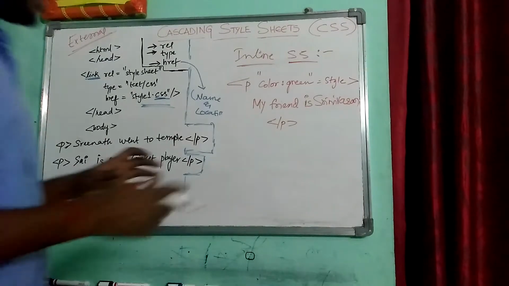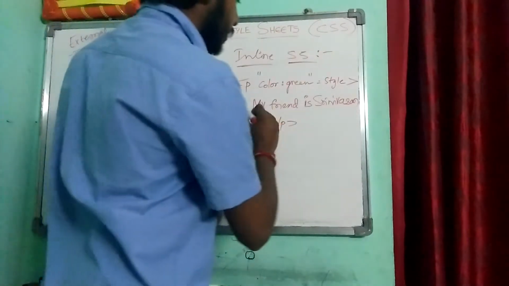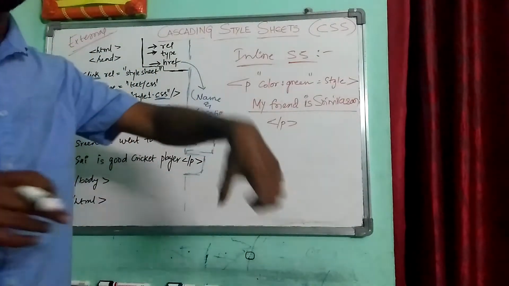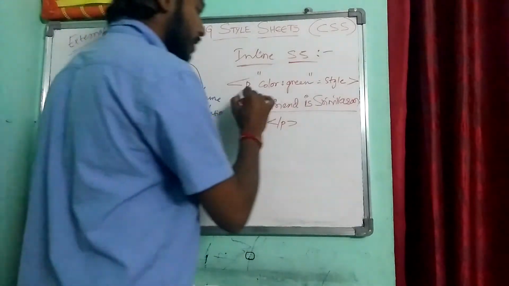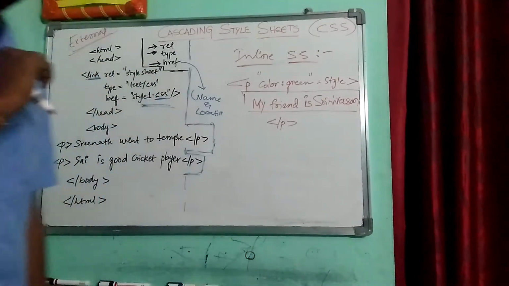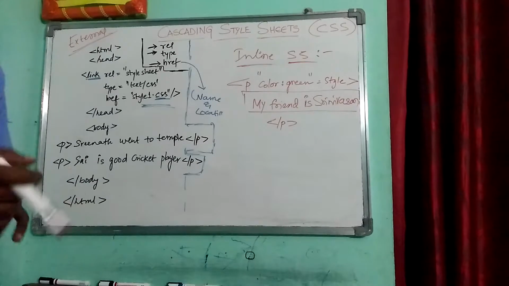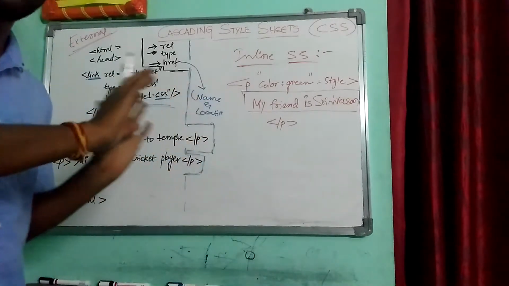Now, as this sentence is not occurring again, only this part is converted into green. For the rest you can go with the external or internal style sheets. But for a single occurrence element, you go with inline CSS. So these are the differences between internal, external, and inline CSS and how they are operated.